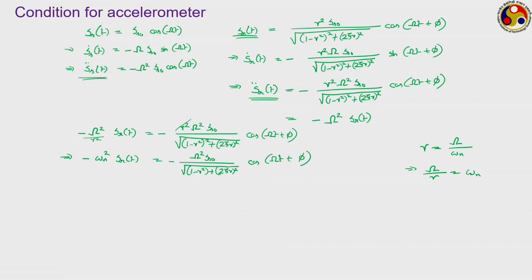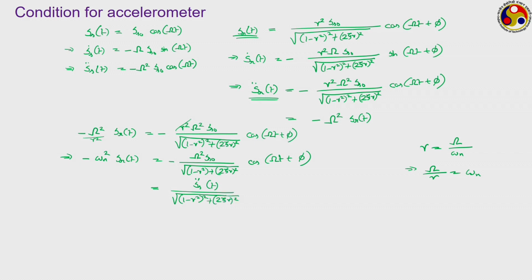And if we now relate this one to the imposed acceleration, omega square S_S0 we already have, and let us replace this one as S_S double dot(t) by root over (1 minus r square) whole square plus (2 zeta r) whole square.